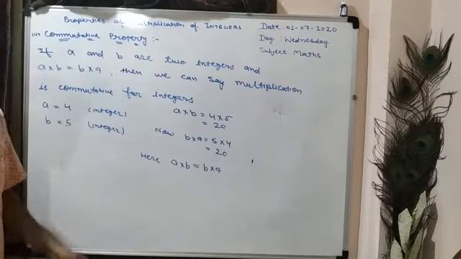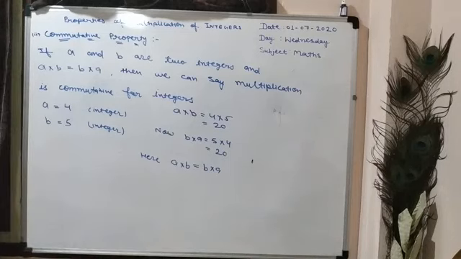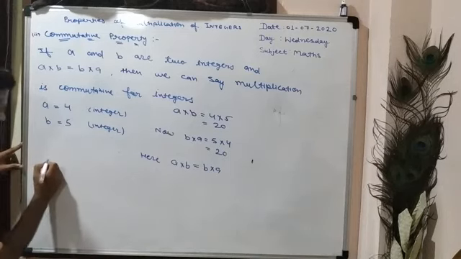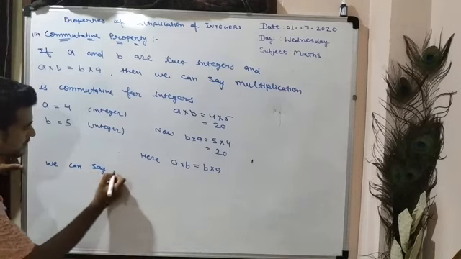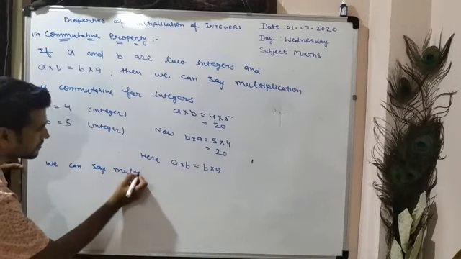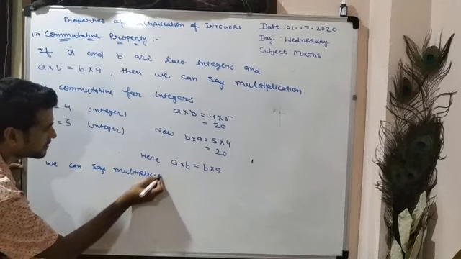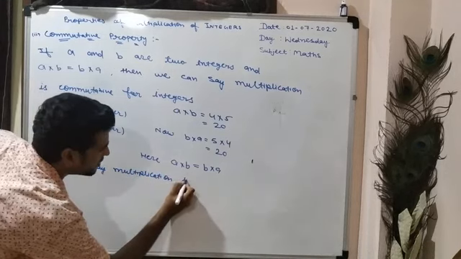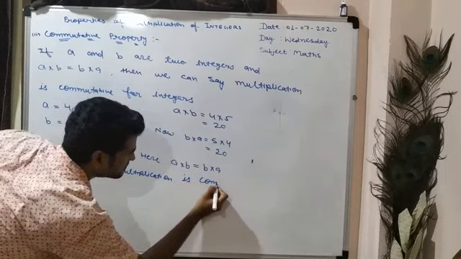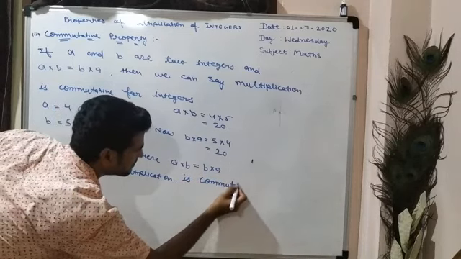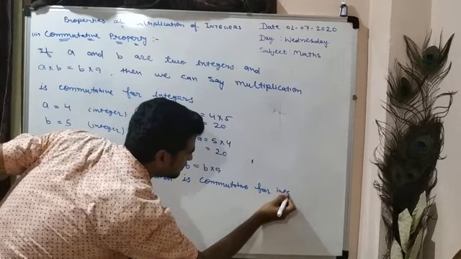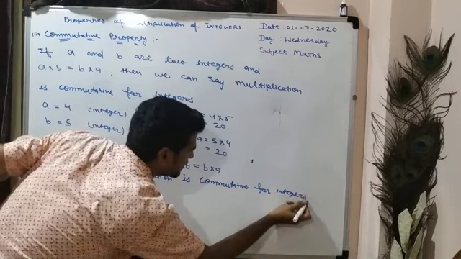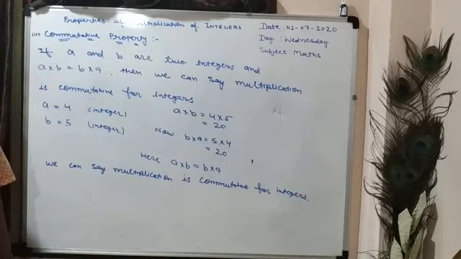So we can say multiplication is commutative for integers. This is our second property.